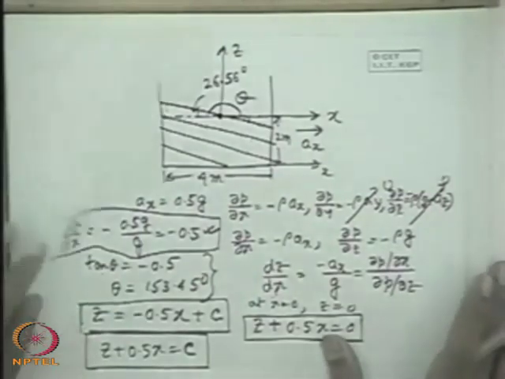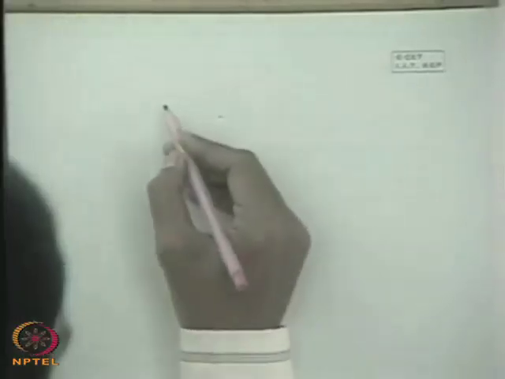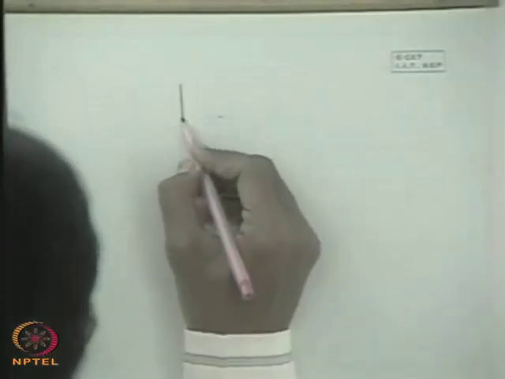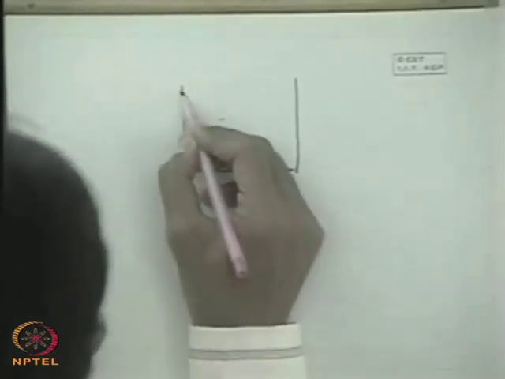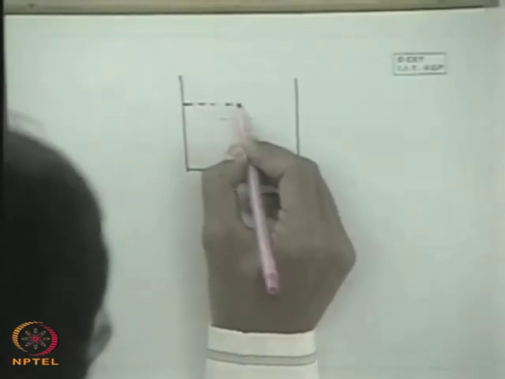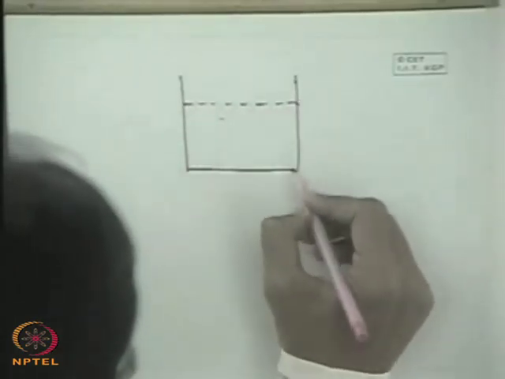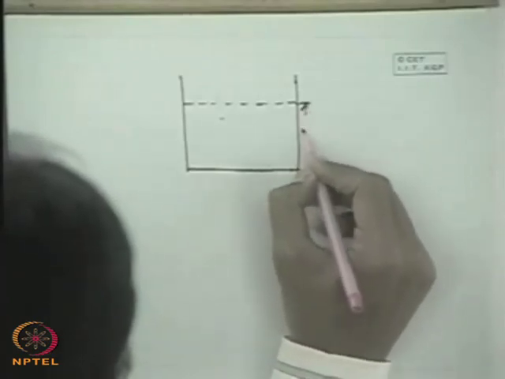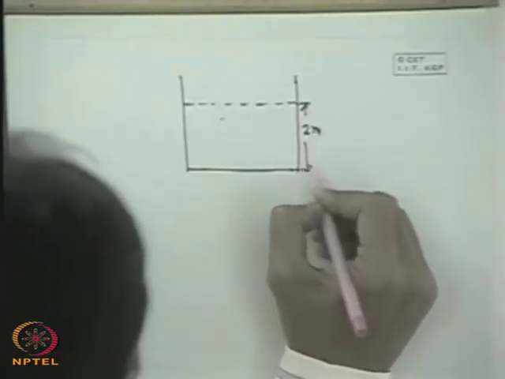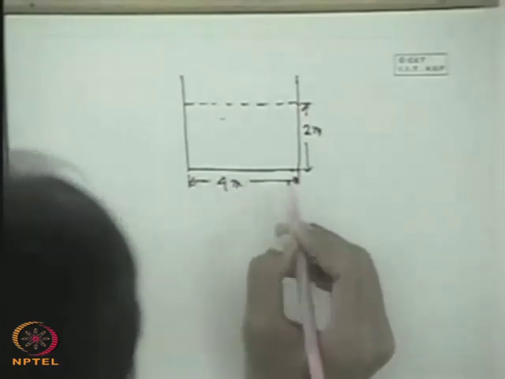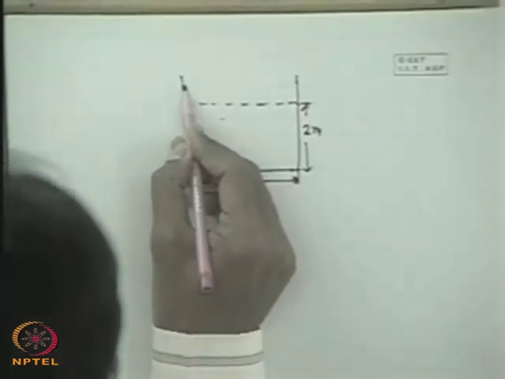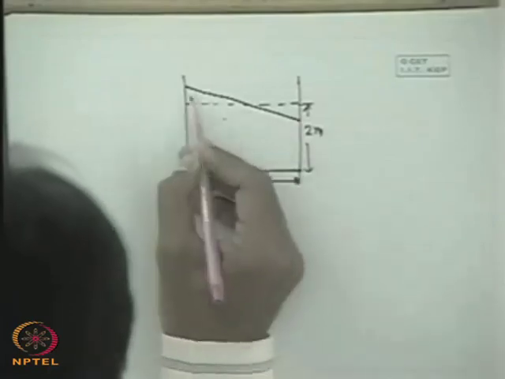Now next part, well, I can draw the figure again for the next part. Let us consider this again, 2 meter, and this is 4 meter. Now the free surface we have already determined like this.